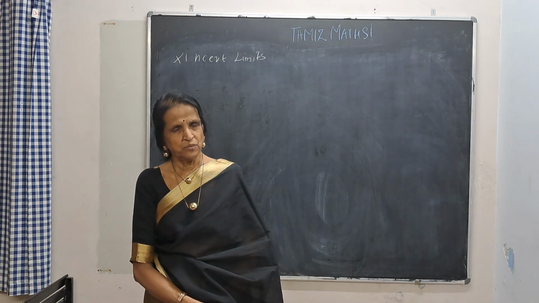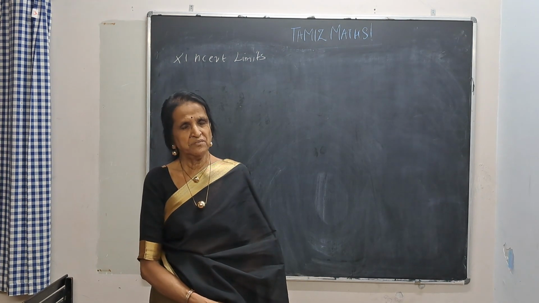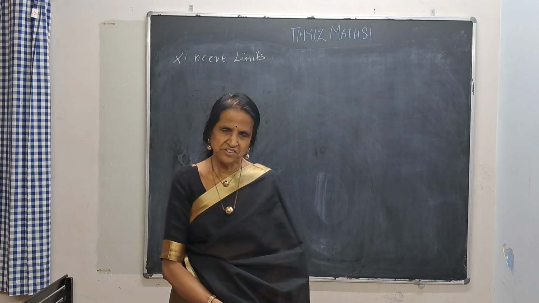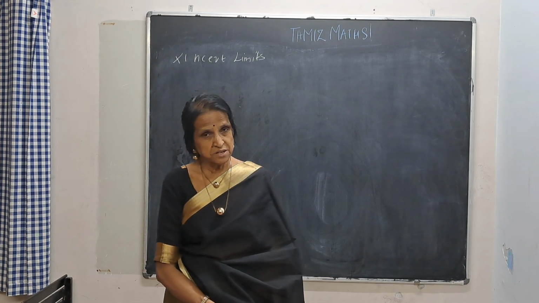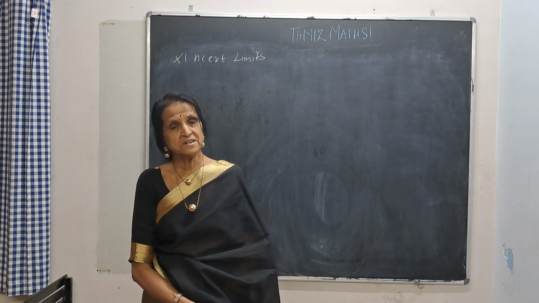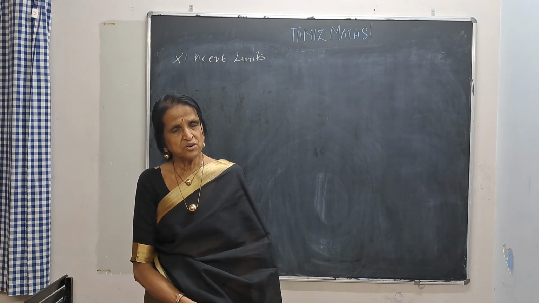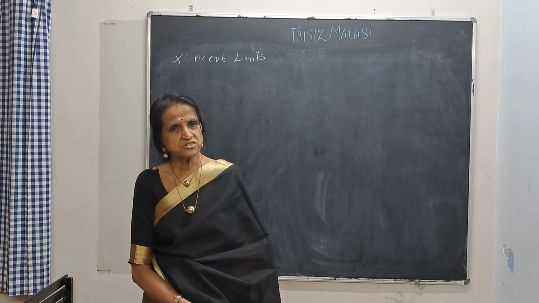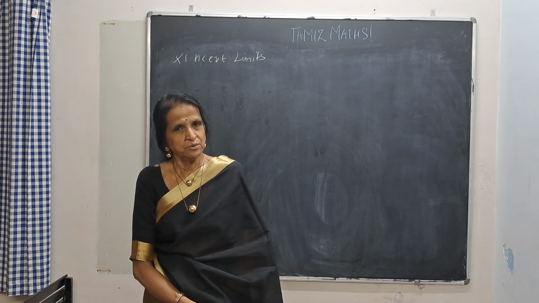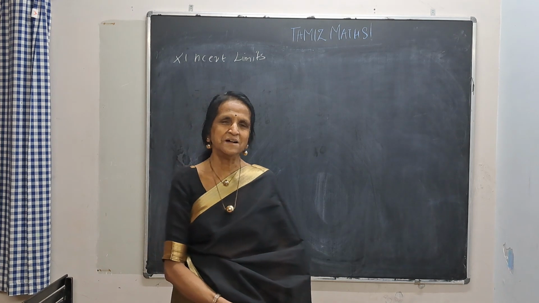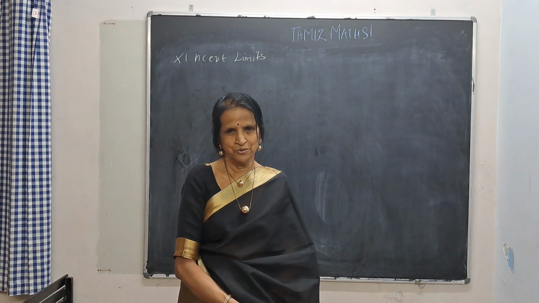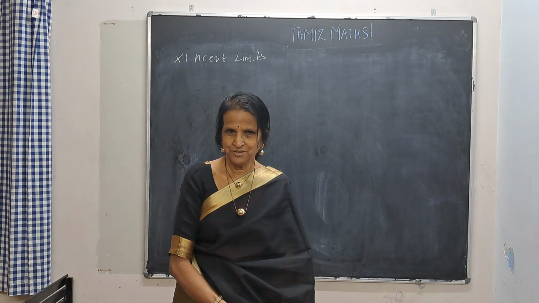Infinity power 0, 1 power infinity, infinity divided by infinity, 0 divided by 0, infinity minus infinity. These are all the forms for which I don't know the answers. Then you ask me, ma'am, you say you don't know. What's the use of seeing a channel?